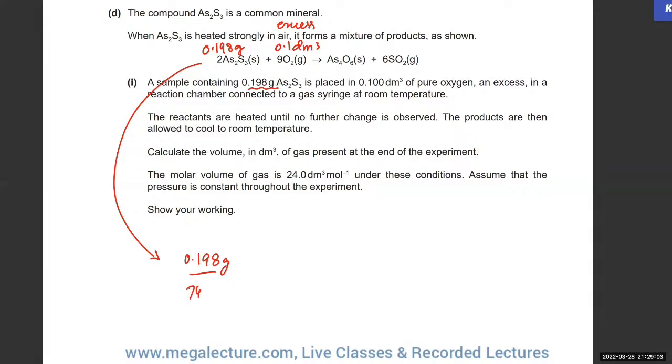So 74.9 times 2, sulfur is 32.1 times 3. So mass divided by the Mr. How many moles do we get? What is coming out for 0.198 grams of this?